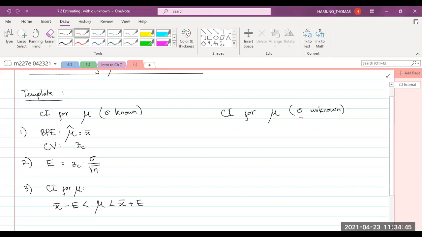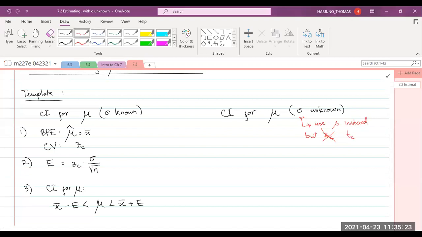In place of the population standard deviation, we use the sample standard deviation, but our critical value will be replaced: instead of the standard normal distribution, we will use the T distribution.